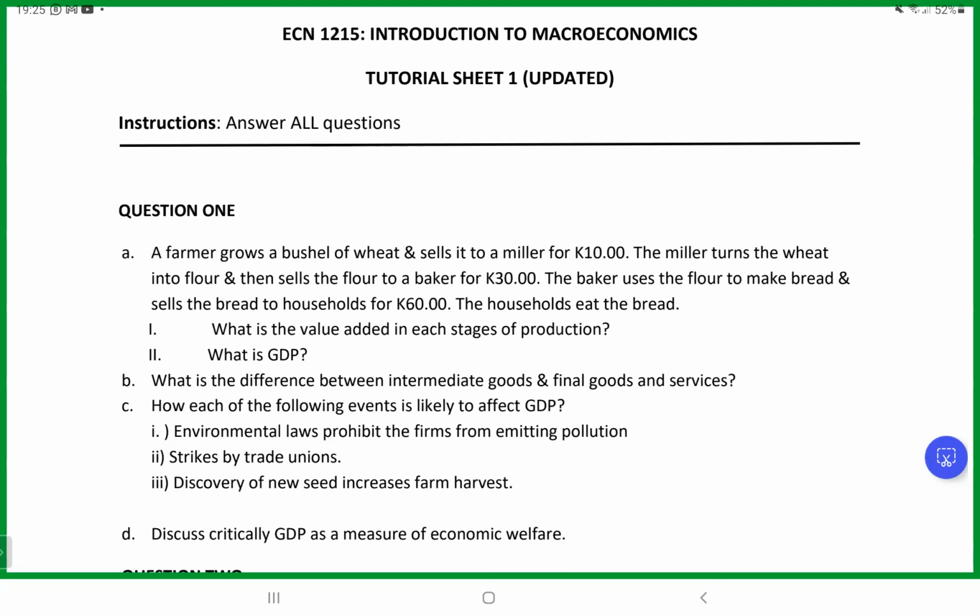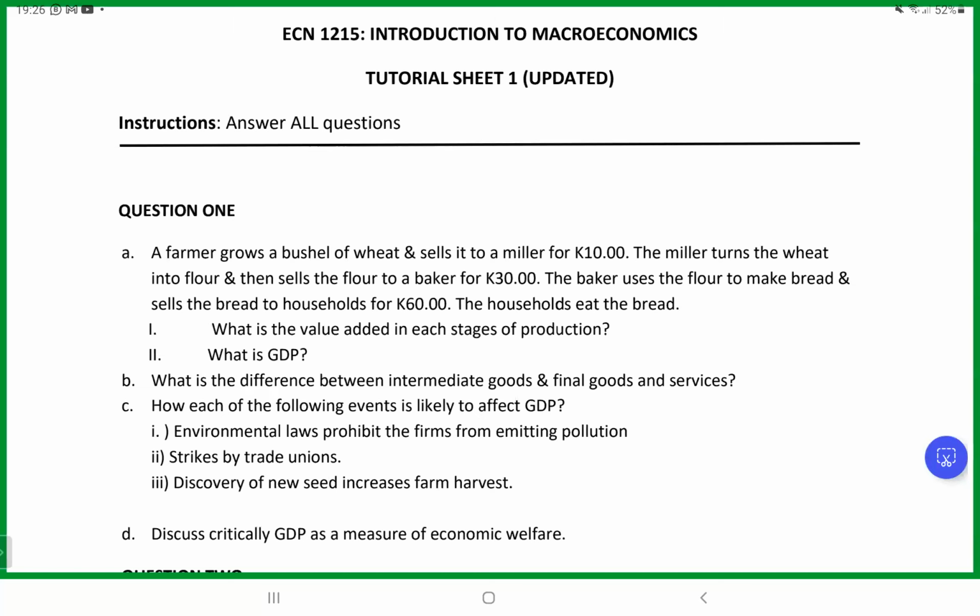The baker uses the flour to make bread and sells the bread to households for 60 kwacha. So the households eat the bread. What is the value added in each stage of production? What is the GDP? So this is the question that we are addressing this evening.